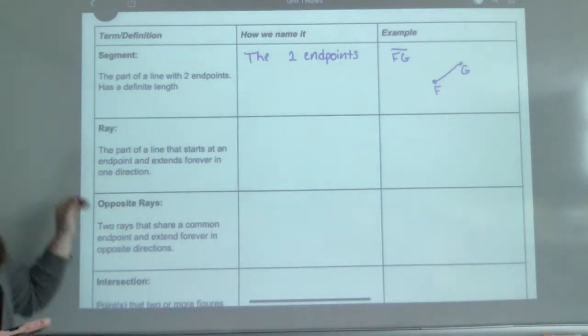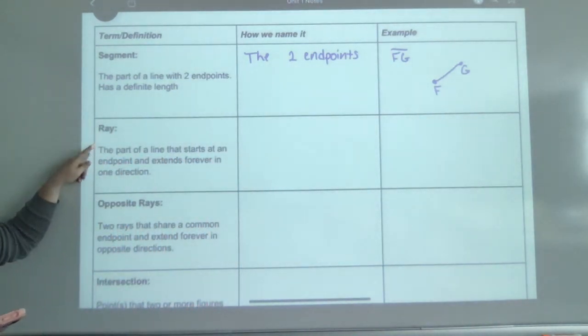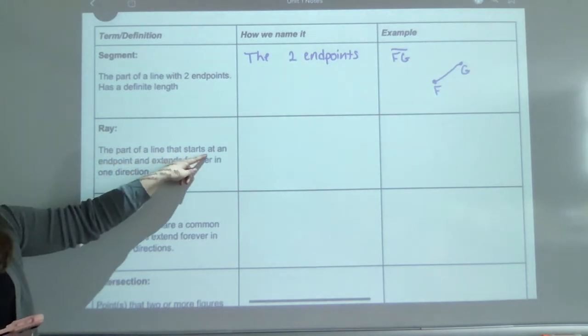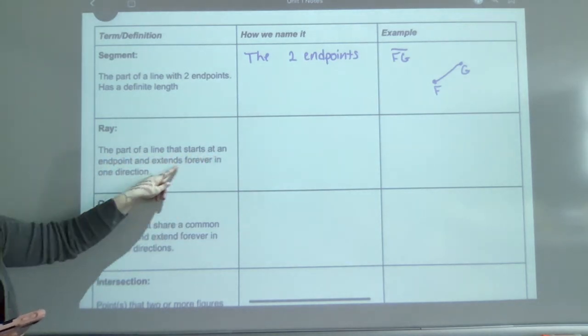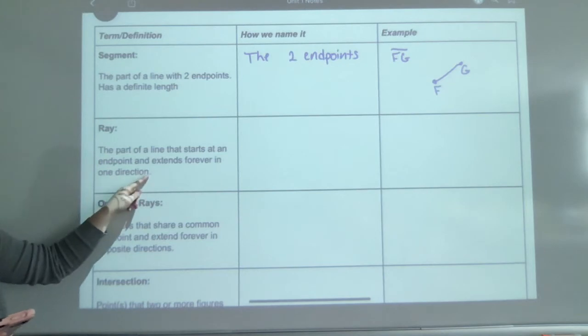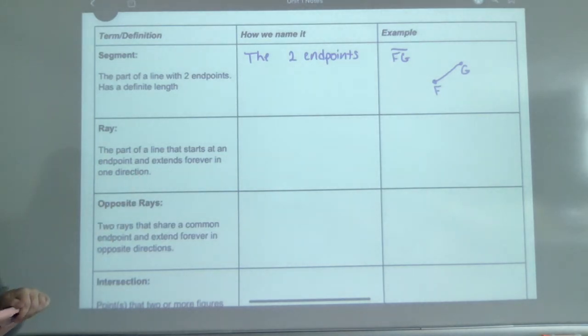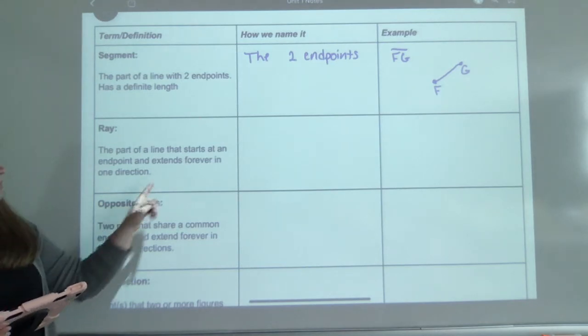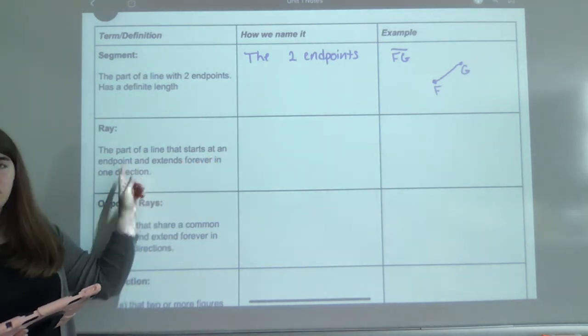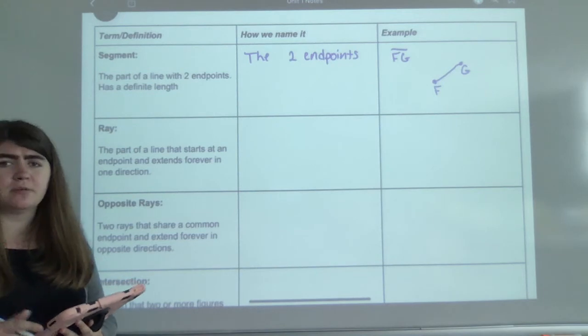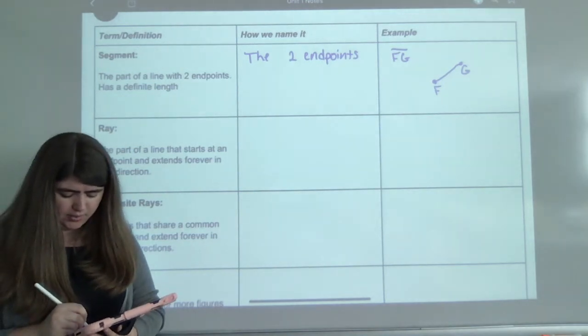Next we have a ray. A ray is the part of a line that starts at an endpoint and extends forever in one direction. So if we are to draw a ray, again it's a part of a line, but note that it starts at an endpoint. So I'm going to start by drawing an endpoint here.